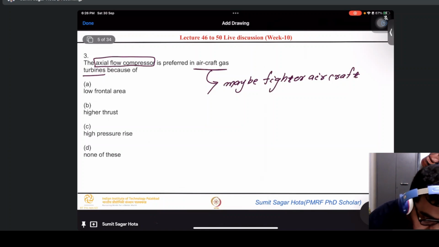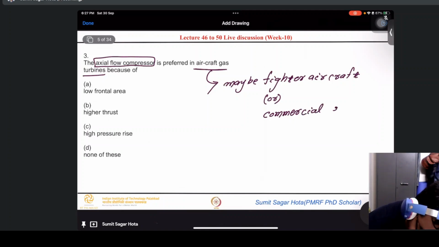Aircraft means most probably your fighter aircrafts maybe, or commercial aircraft, or cargo. These may be three types of aircrafts you can take. This is not only fighter.